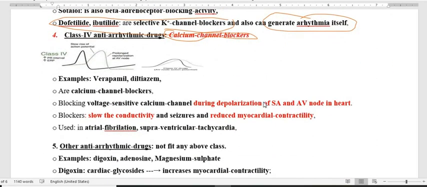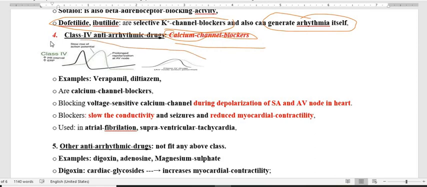Now the last one under the anti-arrhythmic drugs is class 4, and class 4 anti-arrhythmic drugs are calcium channel blockers. Calcium channel blockers again influence the action potential of the pacemaker cell.